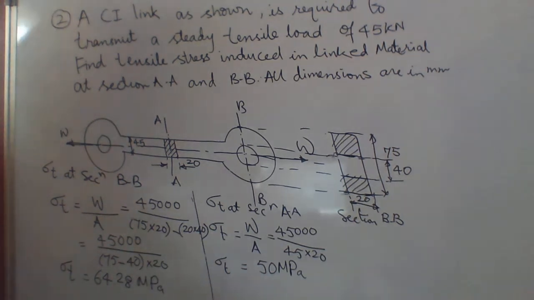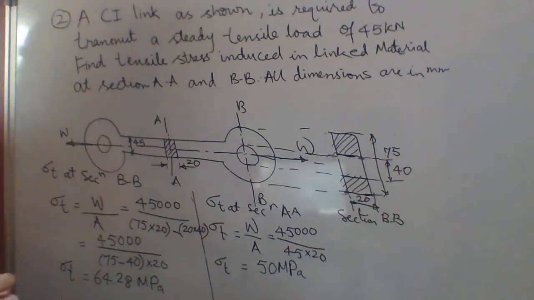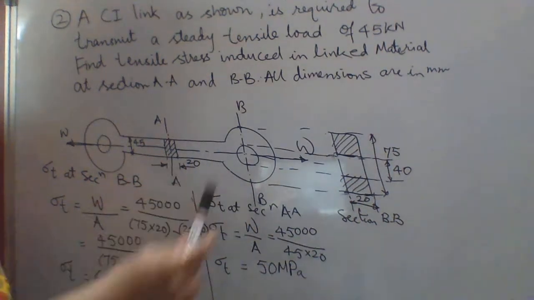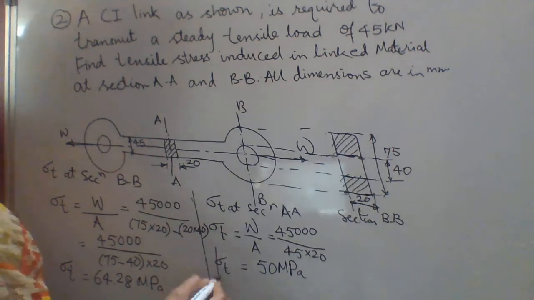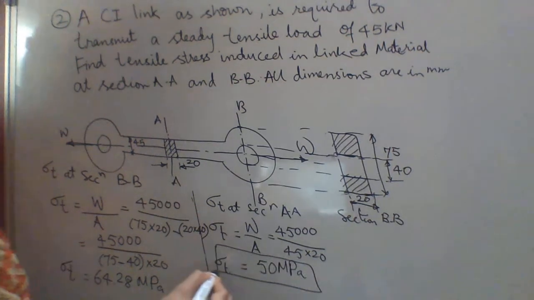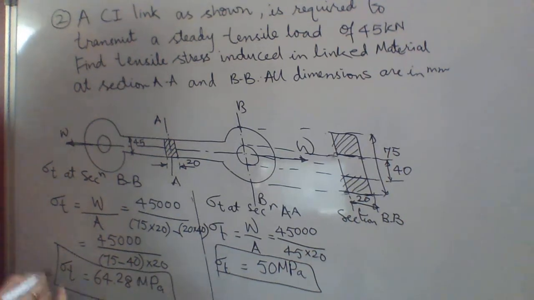Now you can see the load is the same for the entire link, but as the cross-sectional area is changing at different places, the tensile stress induced at different sections is different. So the tensile stress induced at section AA is this, and the tensile stress induced at section BB is this.